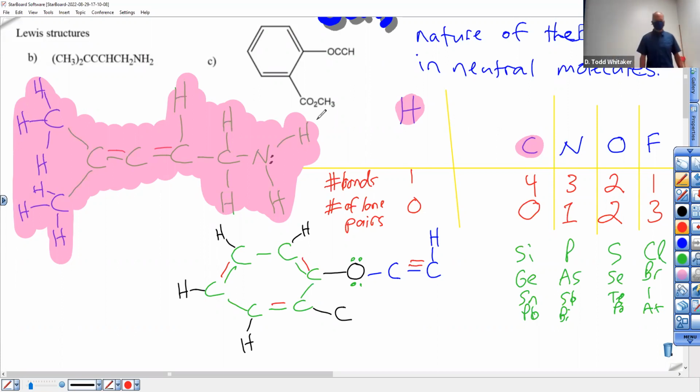Okay? So, when you see CO2, you just gotta trust me. One of the O's is double bonded with two lone pairs, and the other is a single bond. Now, if it was a carboxylic acid, it would be followed by an H. Here it's not, right?